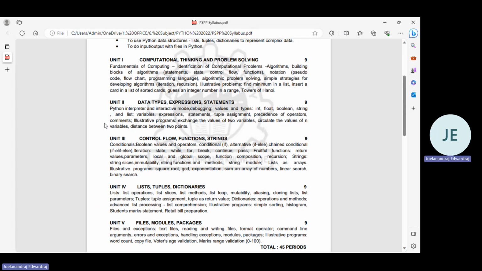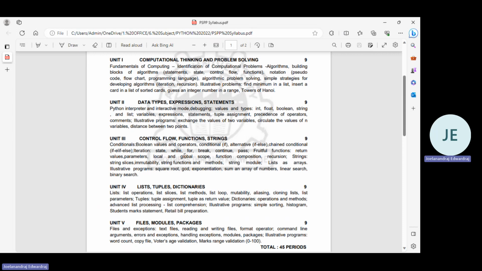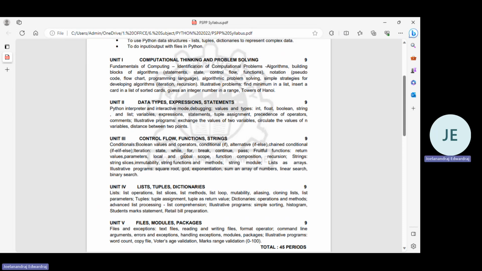All those things we have to decide in order to provide a solution. So control flow and how to compartmentalize your solution, that also we will see. And one major and most used data type, strings, we will also see in the third unit.